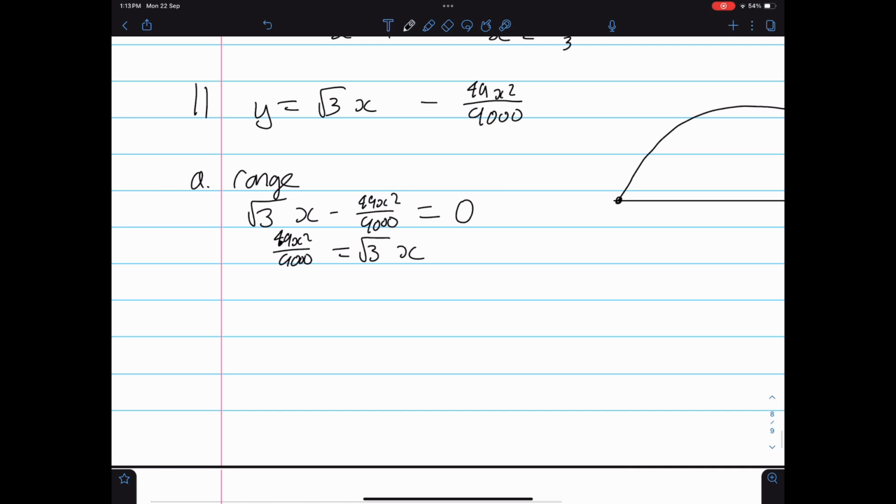Honestly, if we just move it to one side, then we can factor out something.